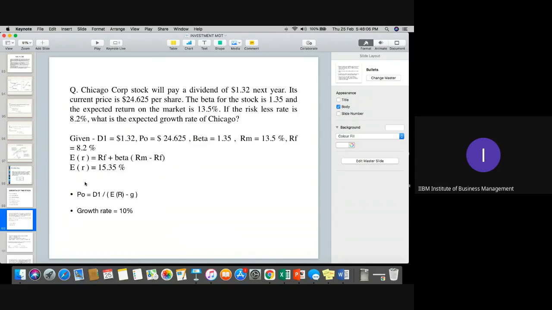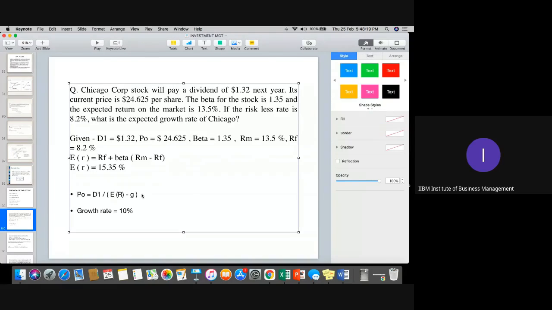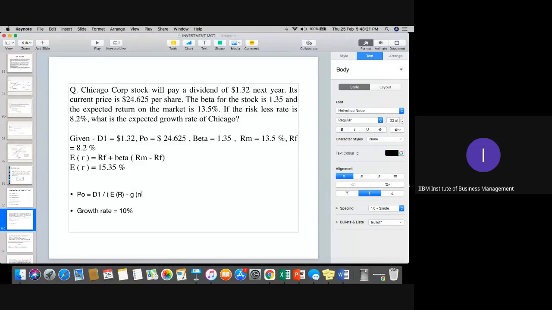Please do it. Whether you're getting the answer or not, please let me know. First complete till ER, then put all these values in the formula and you will get the value of G. It's very simple.